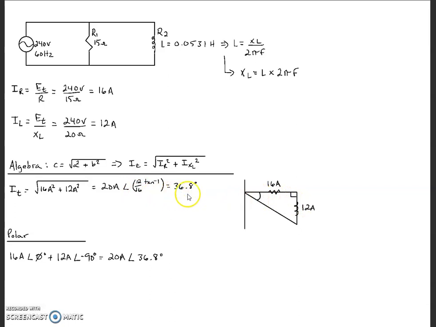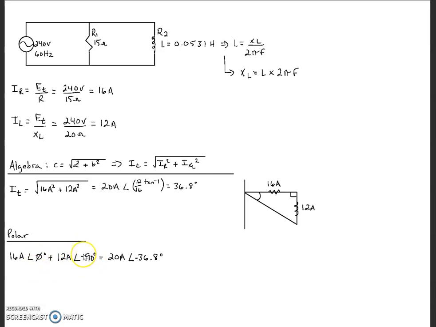Now, depending on how you punch this all in, 36.8 is the angle, but technically this is negative 36.8 degrees since we're sitting below the x-axis here. You'll see that when you punch these into your calculators. When we deal with this in polar, if we take these values, 16 amps angle 0 plus 12 amps angle negative 90.